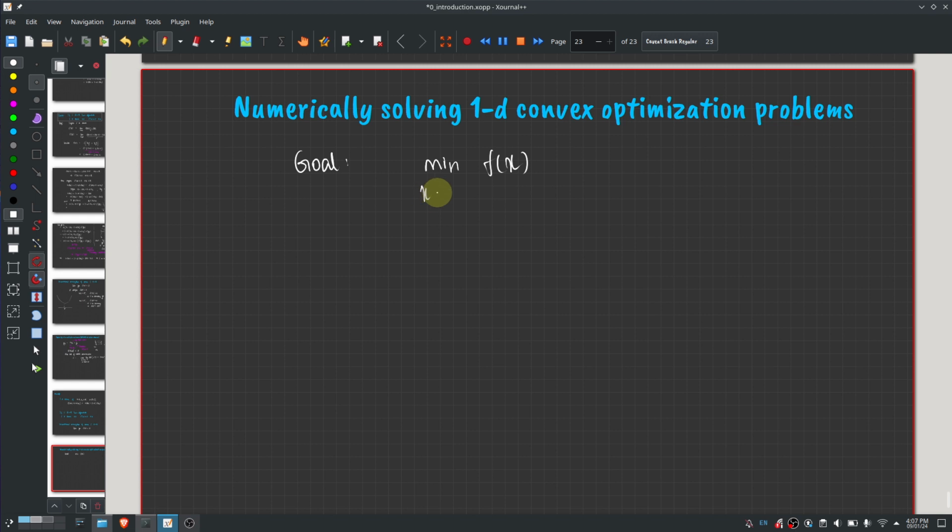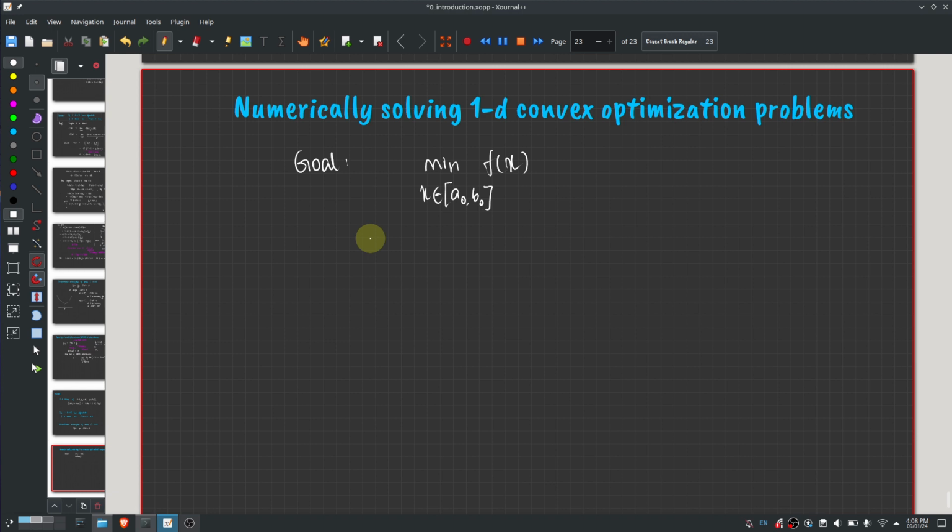But now we'll assume that the minimum lies in some interval a0 comma b0. So this is what is given to us. That's what we will assume. So we've approximately located the minimum to within a certain interval, or this interval itself could correspond to some set of constraints.